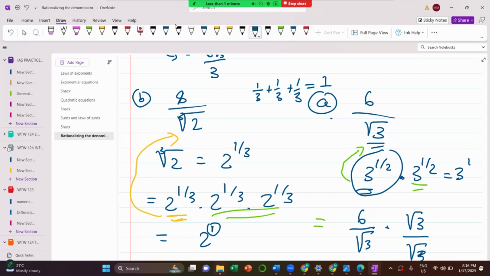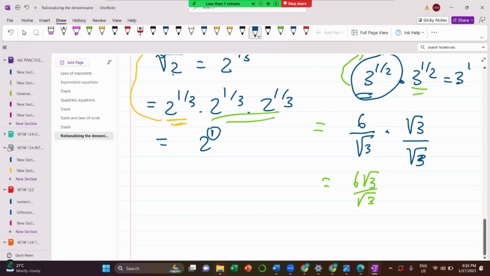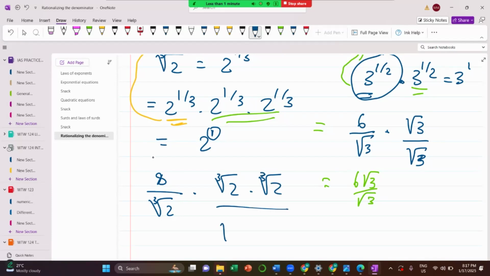So that's where now my problem is going to change to becoming 8 over cube root of 2 times cube root of 2 times cube root of 2, all over cube root of 2 times cube root of 2. And there's also a 1 because this can cancel this, cancel that, and it's going to give me a 1, right? This whole thing is still equal to 1.